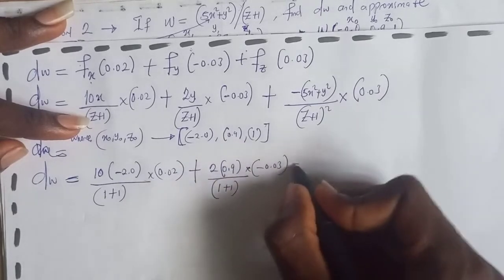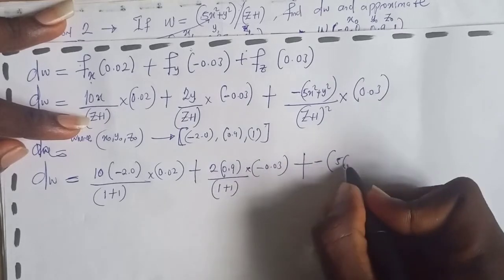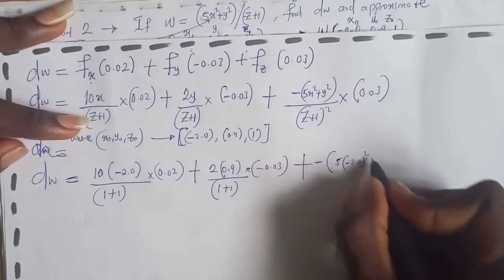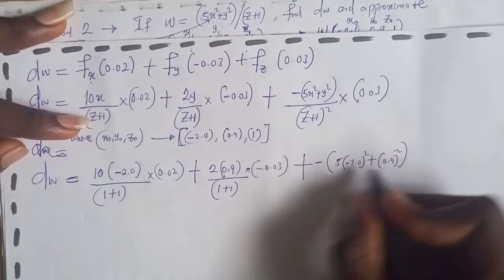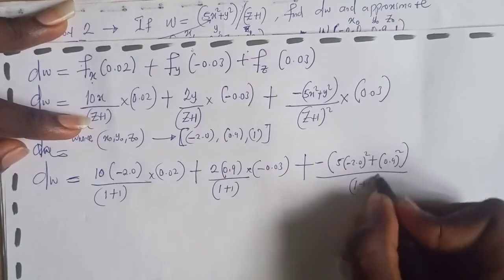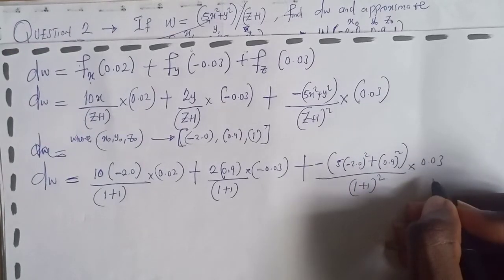So you just have to substitute, and that's all. So in this case, you do the same thing. Minus 5 times minus 2.0 squared plus y which is 0.9 squared, divided by 1 plus 1 squared, then times 0.03. So that's how it works.